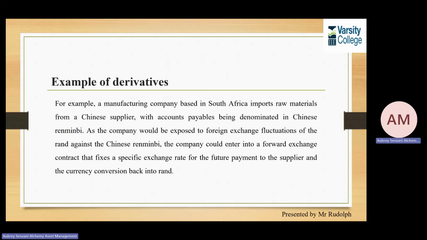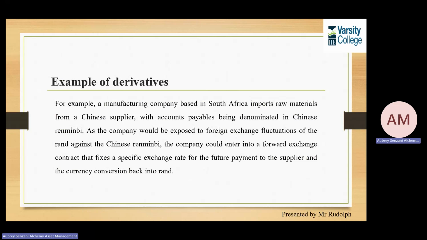And they give an example of a manufacturing company based in South Africa that imports raw materials from a Chinese supplier. Now, by virtue of being an importer of goods from a different country, what are you exposed to? Tariffs, yes, taxes, import duties, all that kind of stuff.